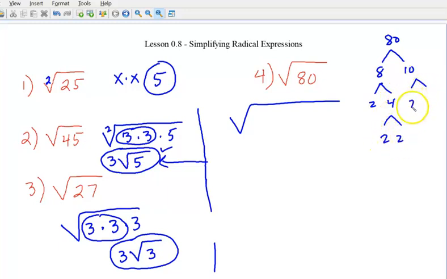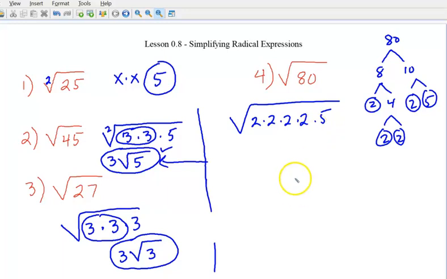This is really just for people that might not understand how to get to prime factors. So I just circled all the prime factors. So I got 4 2's and a 5. All those numbers multiplied together should equal 80.